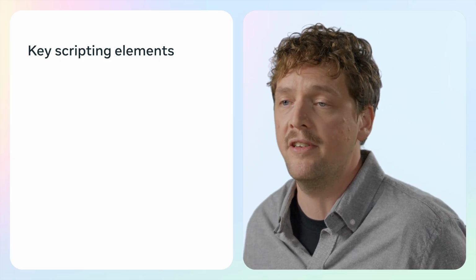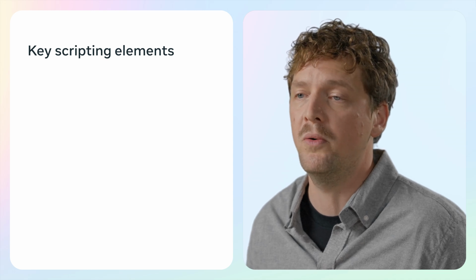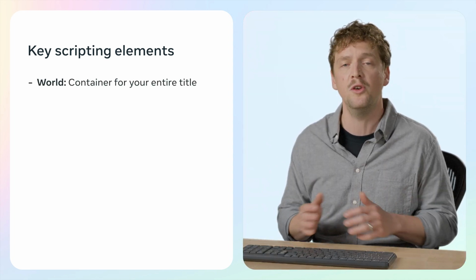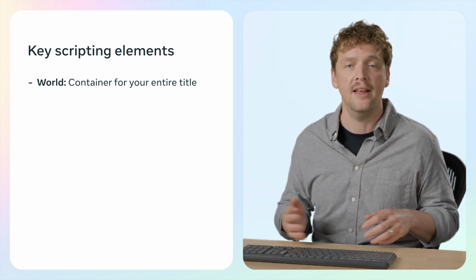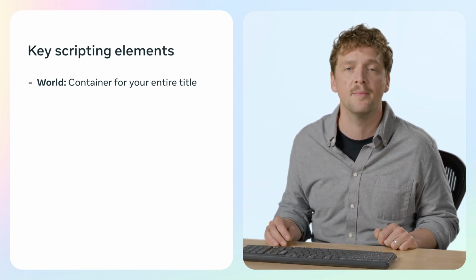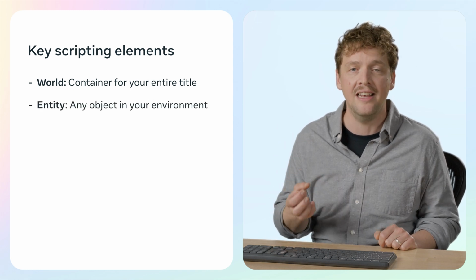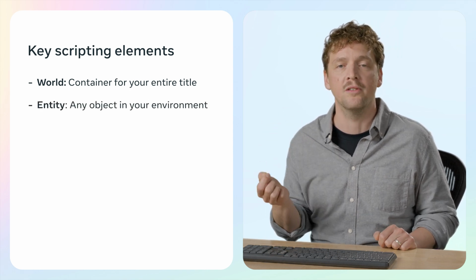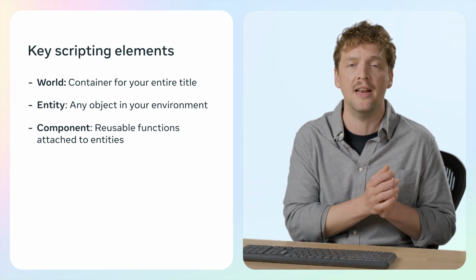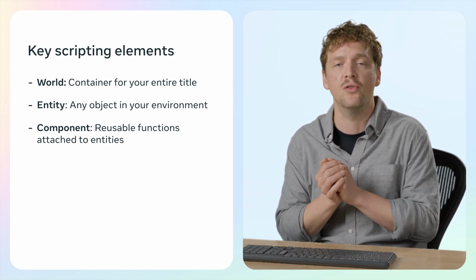The world scripting system also includes several important types and classes. The world is the container for your entire experience, and it includes all of the entities and groups and scripts and everything else. An entity is an object in your world, and a component is a reusable piece of functionality which can be attached to an entity.